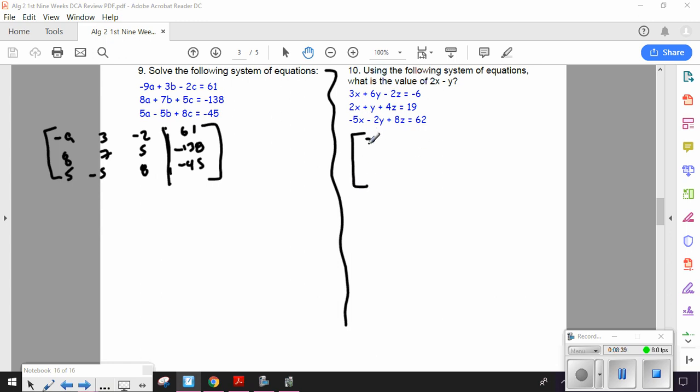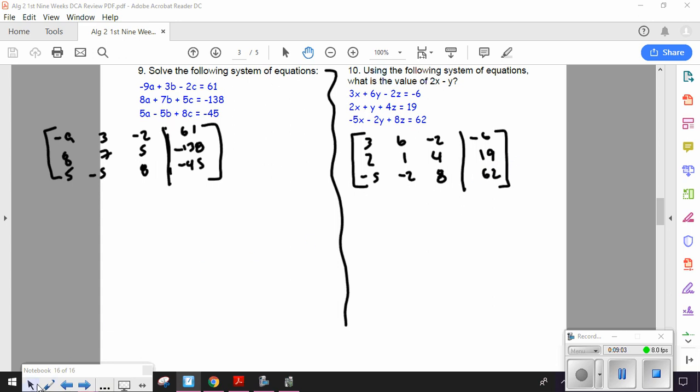So that would be 3, 6, negative 2, draw my line, negative 6. 2, 1, 4, 19, negative 5, negative 2, 8, and 62.